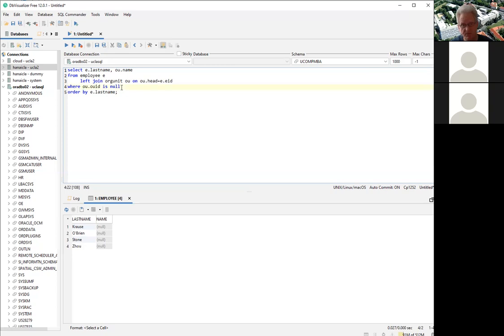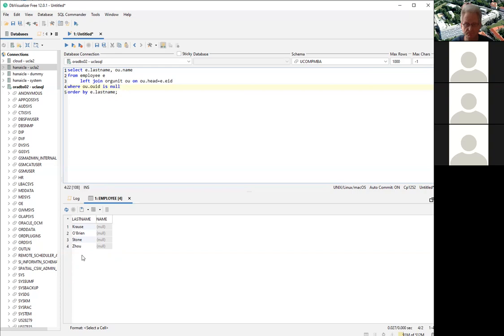What is important in order for this kind of filtering to work is that we take a column that is not allowed to have null values by itself. I just took the primary key here because it always must have a value, it's not allowed to have null values. Therefore, this condition can only be true for those records that are not connected. And now we have the non-heads.